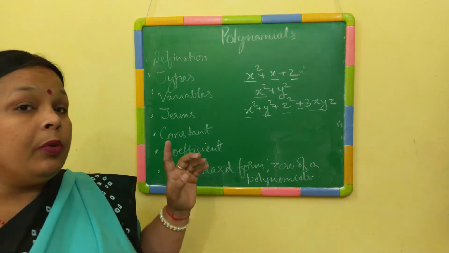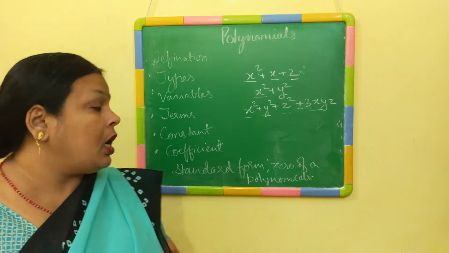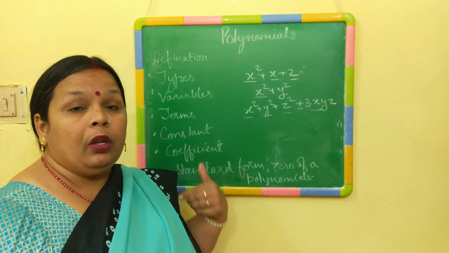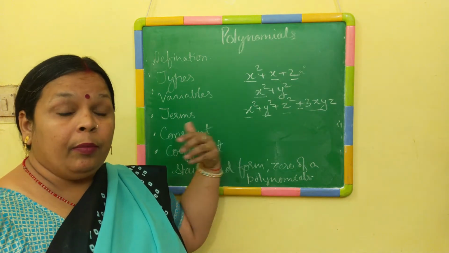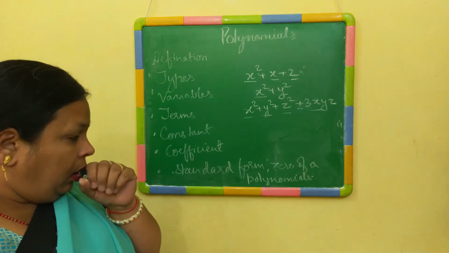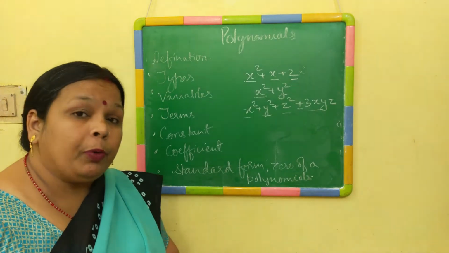Clear? So it depends on the question for which particular term the coefficient is asked. Then the standard form is a_n x^n plus a_(n-1) x^(n-1) and this continues. Now, what is the zero of a polynomial?